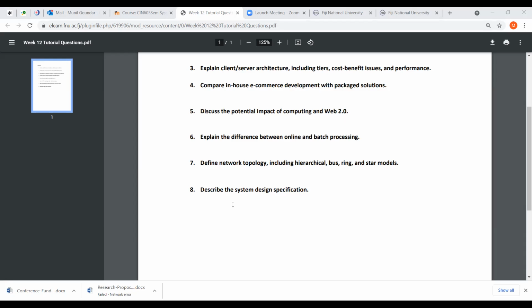Write down many vendors offer turnkey systems for companies. Next point.